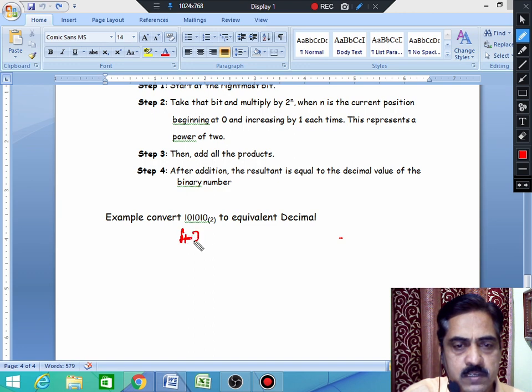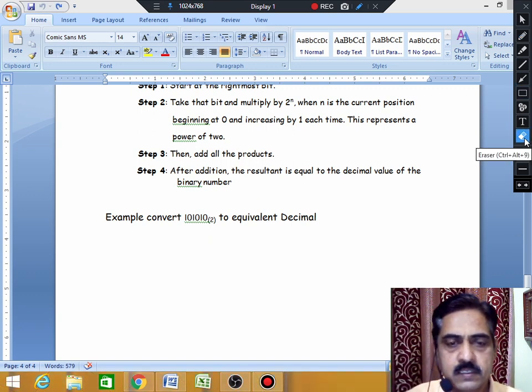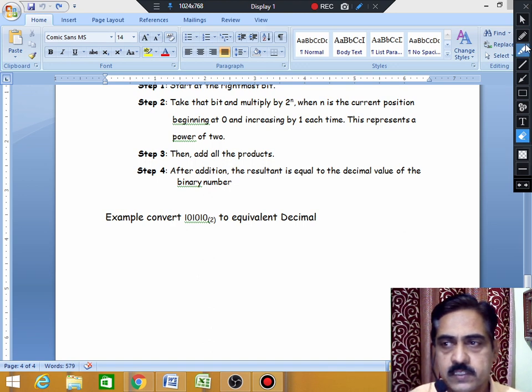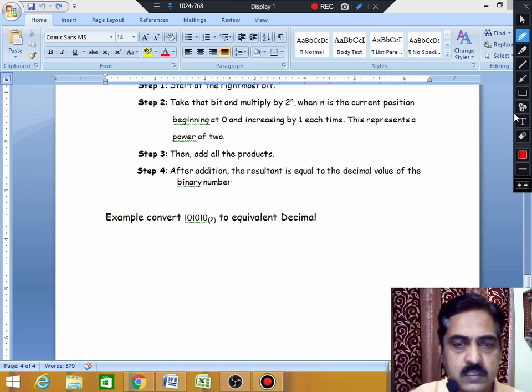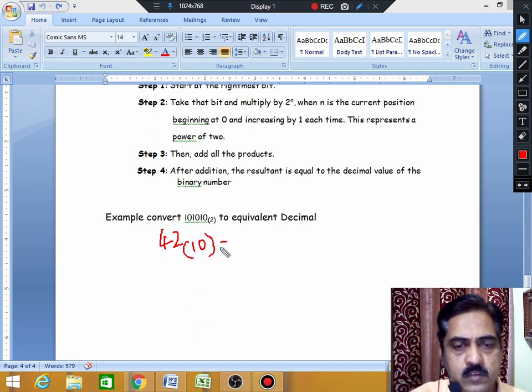We shall write (42) base 10. What is the equivalent?